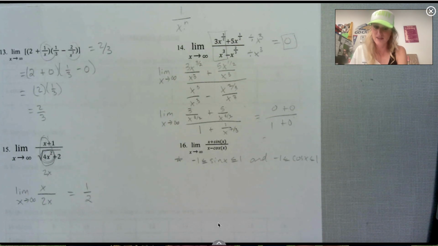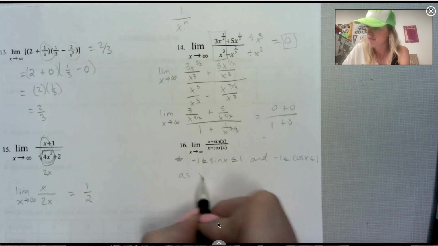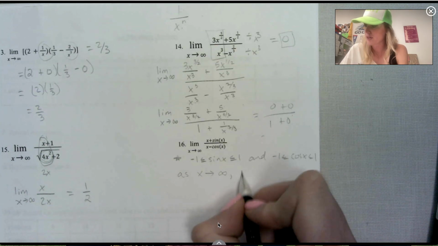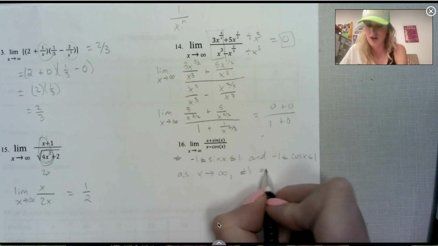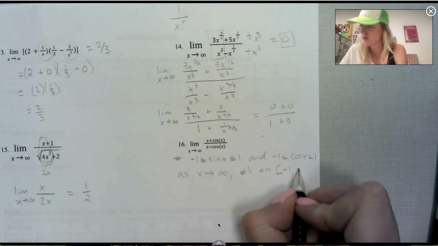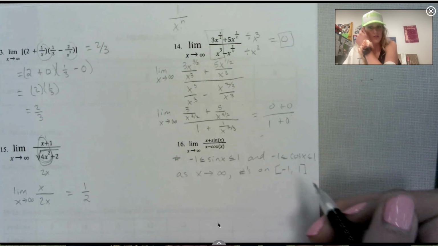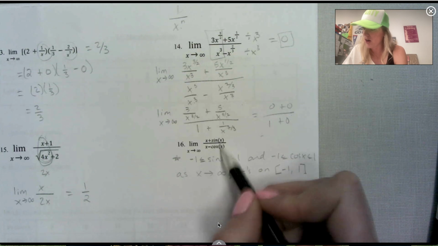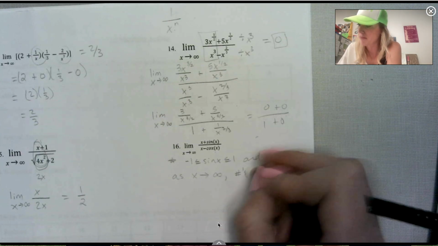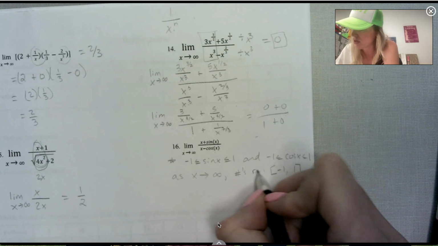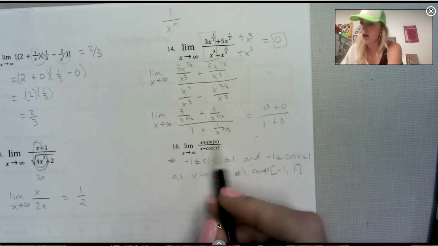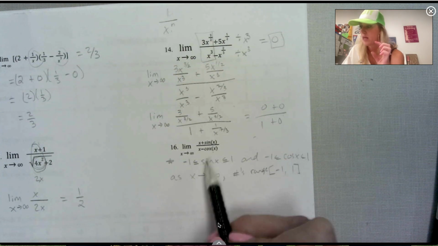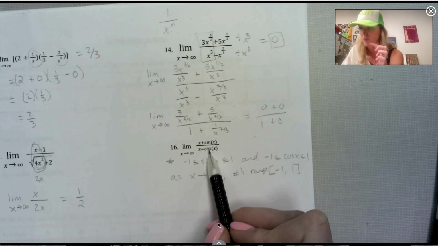So as x approaches infinity, numbers on this interval, they contribute very little. So these numbers, I'm going to say, range: if I were to evaluate any sine function, this is going to be some number between -1 and 1. This is going to be some number between -1 and 1, okay?